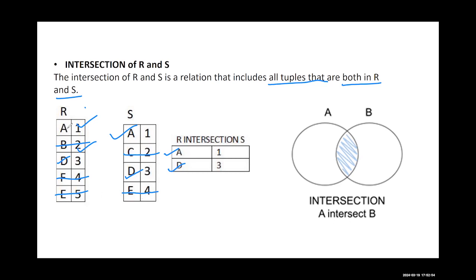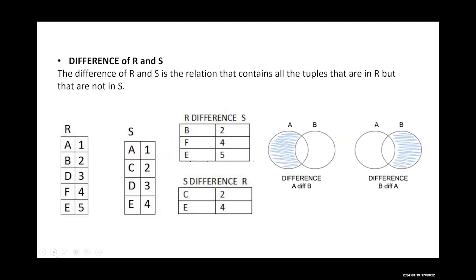Hence, I'm not going to keep that particular tuple in my resultant. So that is why I'm going to keep only these two tuples in the resultant. So this is your R intersection S. As you can see in the diagram, when two tables are joining, whichever is common is only going to be in the resultant table. That is your intersection of two relations.